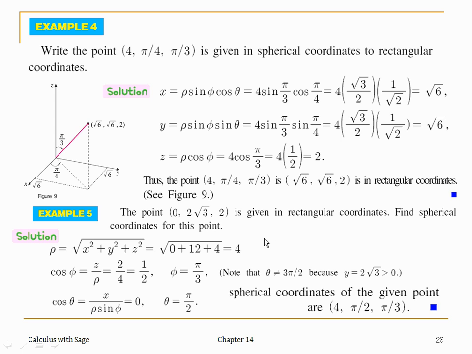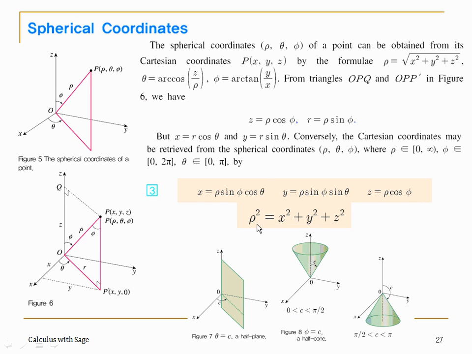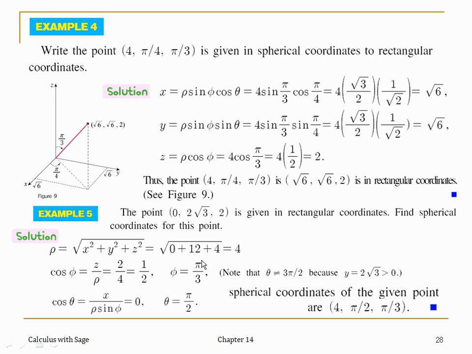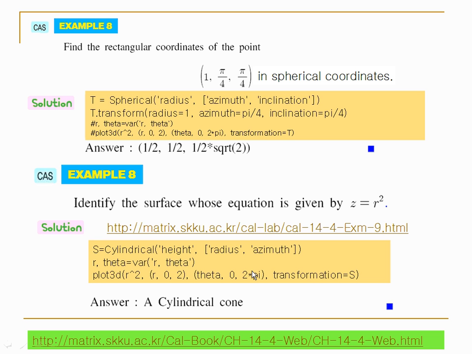Okay, so now we continue. All you have to know on these are the replacement of this as rho is like this, phi is arc cosine z over rho, and theta is arc tangent y over x. That's what you're supposed to know for this translation.